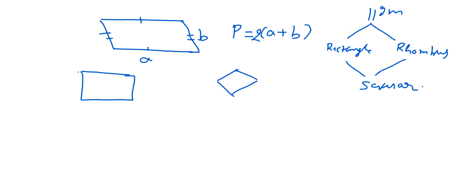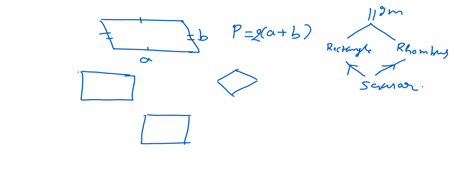Sir, can a rhombus be a square? A rhombus cannot be a square, but a square can be a rhombus. A square is a rectangle also, and a rhombus also.